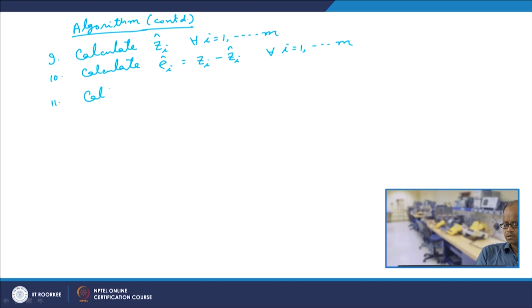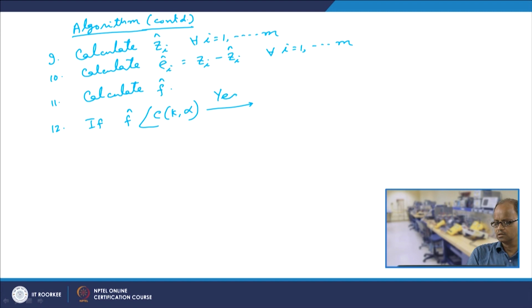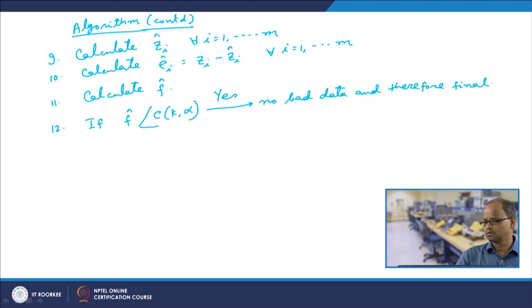Then we calculate f hat. If f hat is less than C k alpha, yes, there is no bad data, and therefore the final solution is obtained.